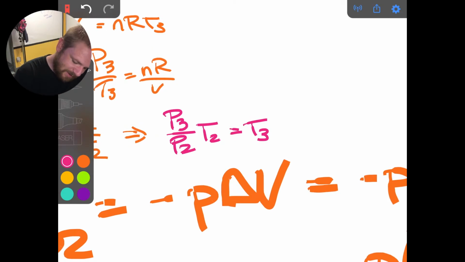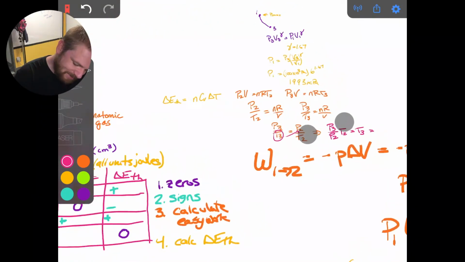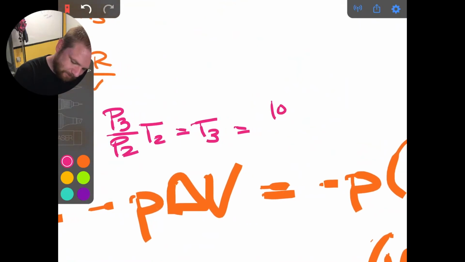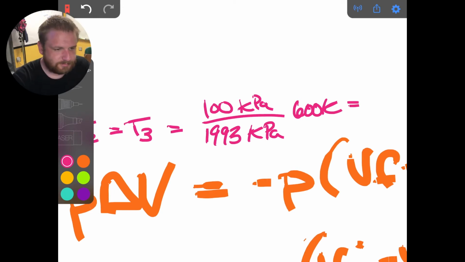Great. So that's going to be equal to our pressure at state 3, which is our 100 kilopascals, divided by our pressure at state 2, which is our 1,993 kilopascals. And that's going to be times our temperature at point 2, which is the given 600 Kelvin. And if we plug this into our calculator, we are going to get 30.1 Kelvin.